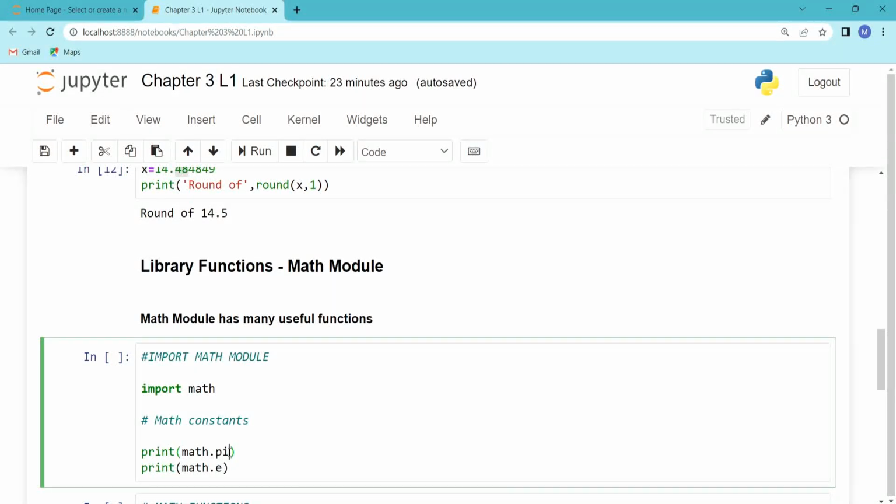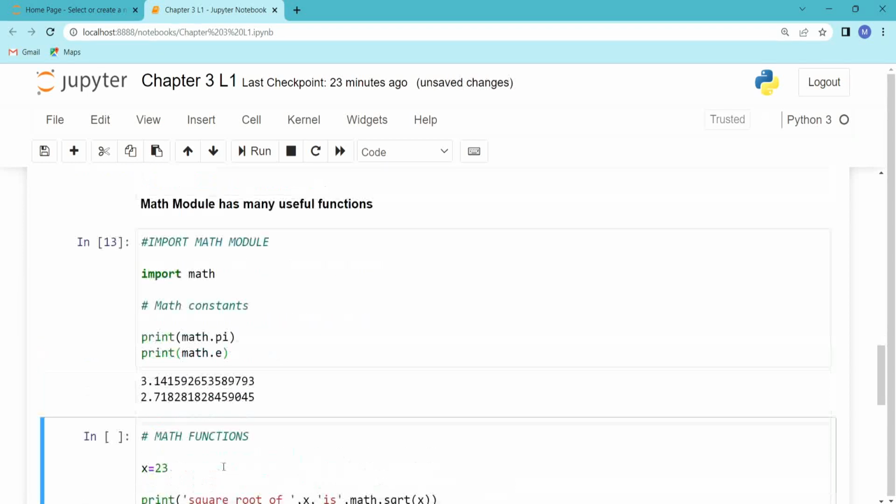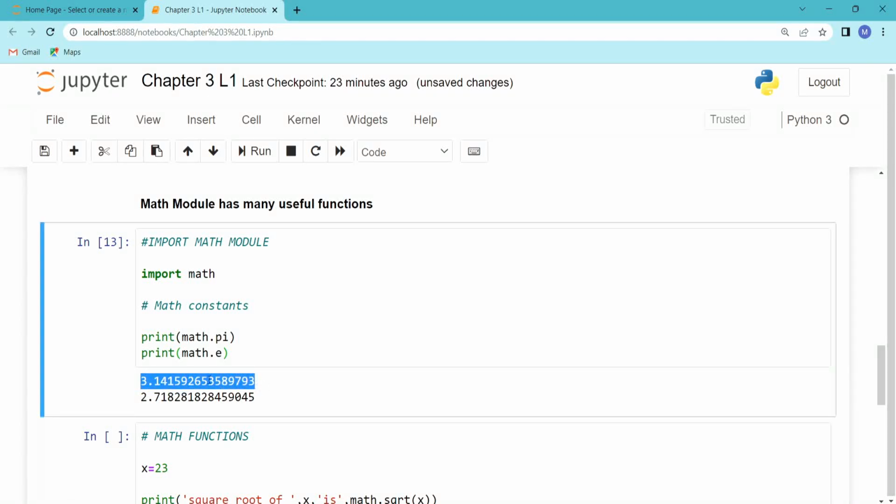We have math.pi and math.e, that is exponential. So let us run and see what answer we get. You can see pi has been given as 3.141592, and then e is nothing but 2.718. These constants we can use while we program or while we solve mathematical equations.